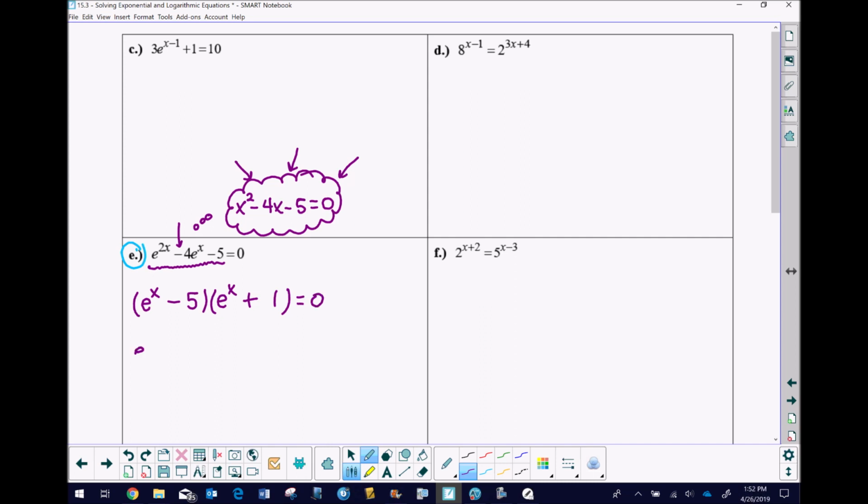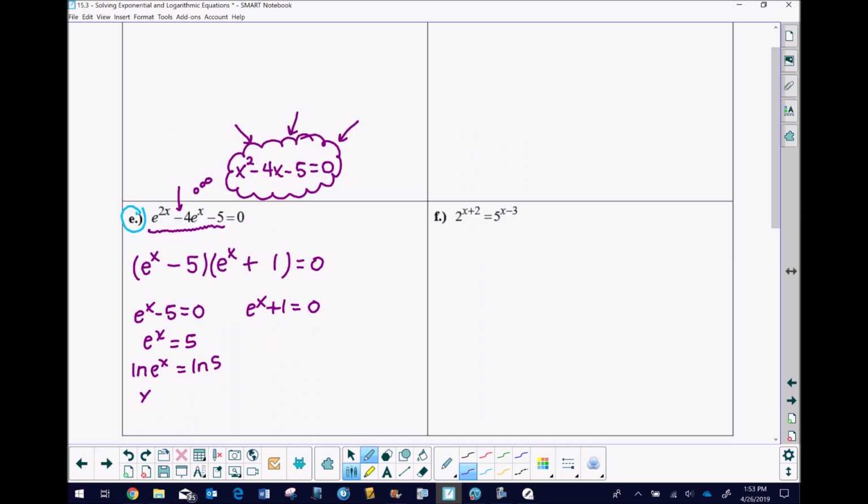And now you use the zero product property that just says set each of these expressions equal to 0. So then we solve by adding 5 over to the right, and we see that this thing can be solved if we take the natural log of both sides, since the base is e.